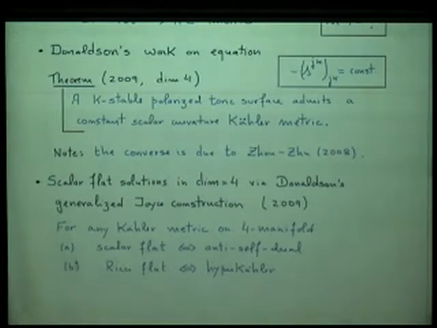This was 2009. And so for toric surfaces, we know precisely, and this stability property can be read off from the polytope of the toric surface. So we know exactly when these things have or do not have constant scalar curvature metrics.